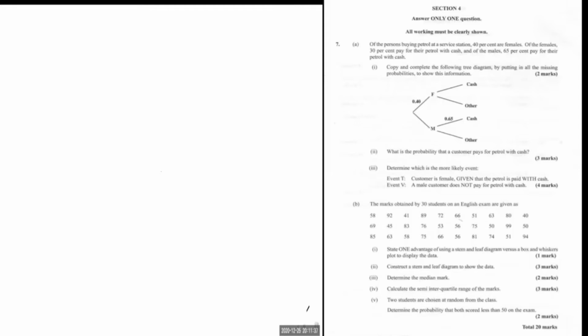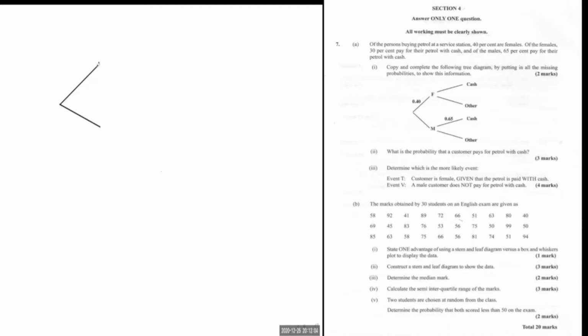So as you can see from this tree diagram that we're seeing here, you have two people paying for petrol. You have females and you have males.